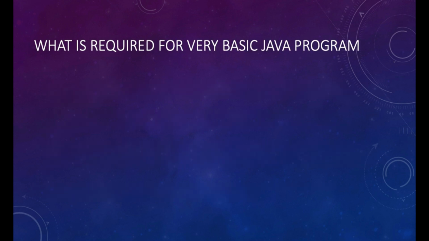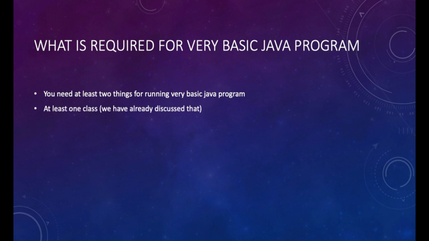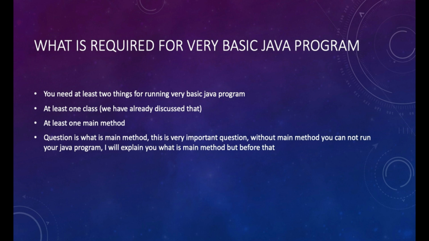Now what is required for a very basic Java program? You need at least two things for running a very basic Java program. The first is at least one class, that we have already discussed. And the second is you need at least one main method. Now, what is the main method?